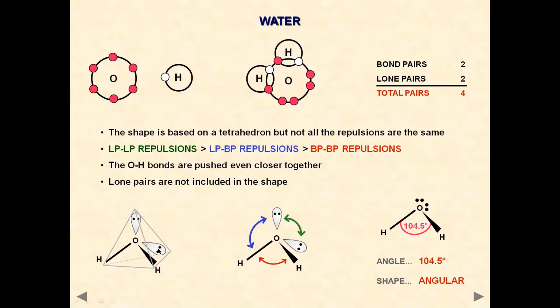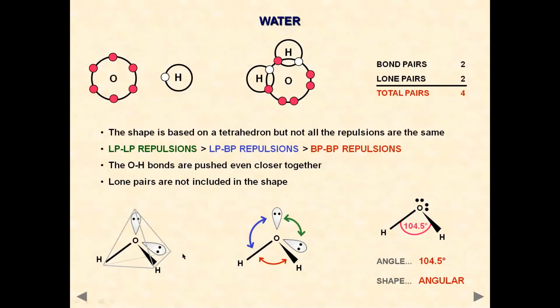Because of these 2 lone pairs, these 2 bonds are squeezed further. So in ammonia, the bond angle has gone from 109.5 to 107. And now because of even greater repulsion, the bond angle is going to be squeezed again. And the new bond angle is going to be 104.5 degrees.